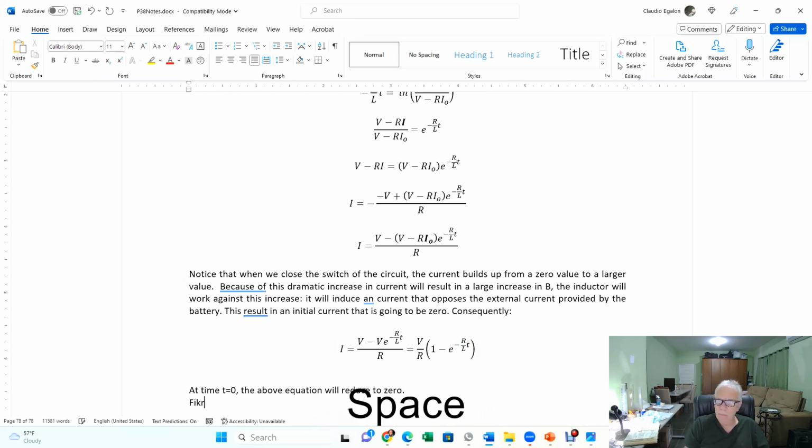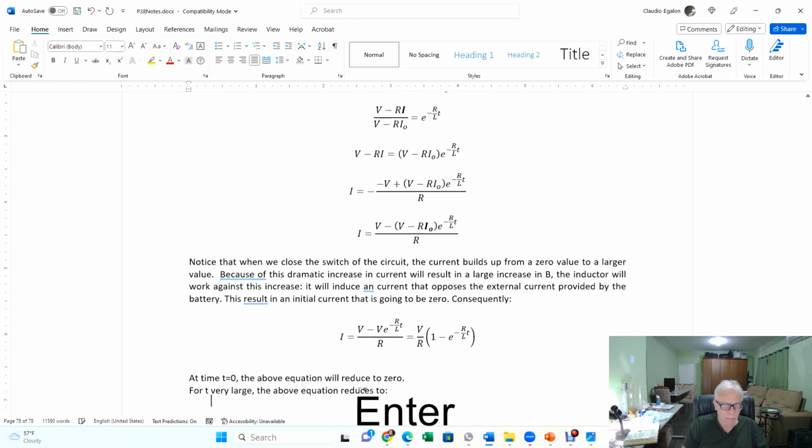For very large t, the equation reduces to what?